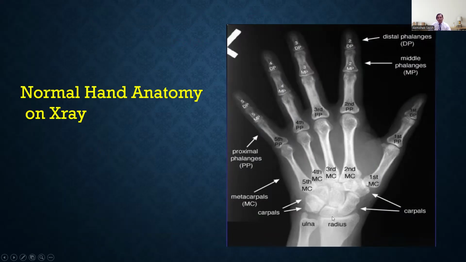Then you should see the carpals. This is the scaphoid bone. This is the lunate, trapezium, trapezoid, triquetral, then the hamate and pisiform. Then there are five metacarpals, phalanges. So you should see the normal anatomy, and if you know the normal anatomy, you can easily get hold of the pathologies.